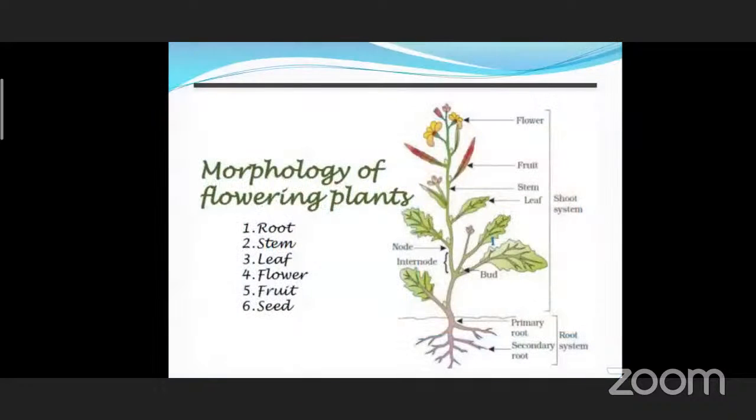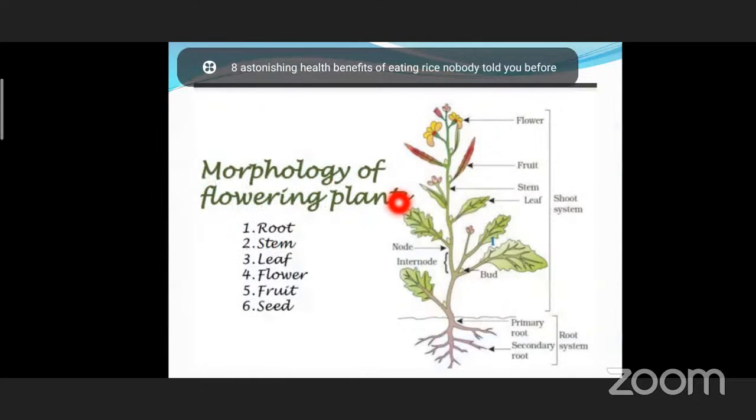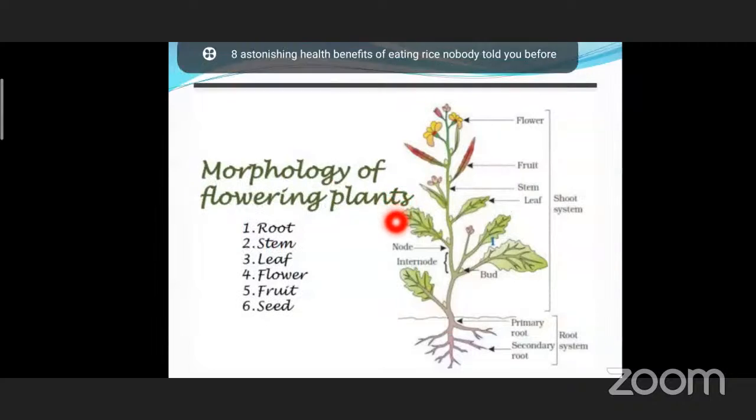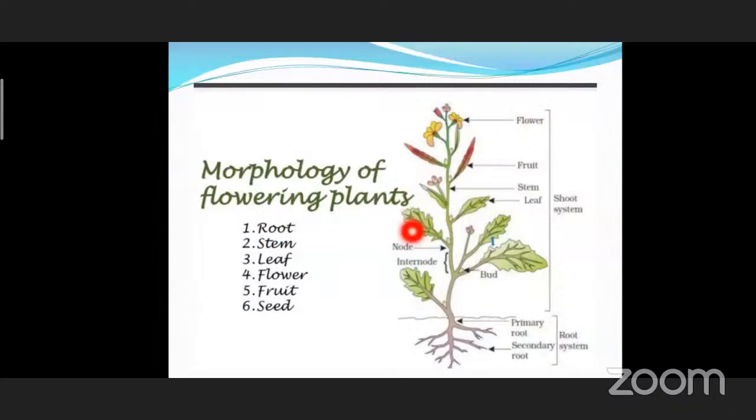This unit includes only one chapter, that is morphology of flowering plants. When you look at your surroundings, there are many plants on this earth. As we know, these are called angiosperms. Angiosperms show a large diversity in external structure or morphology.